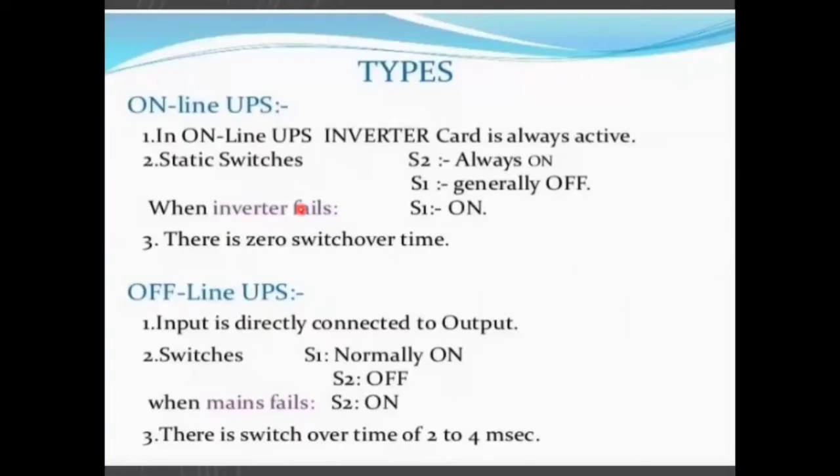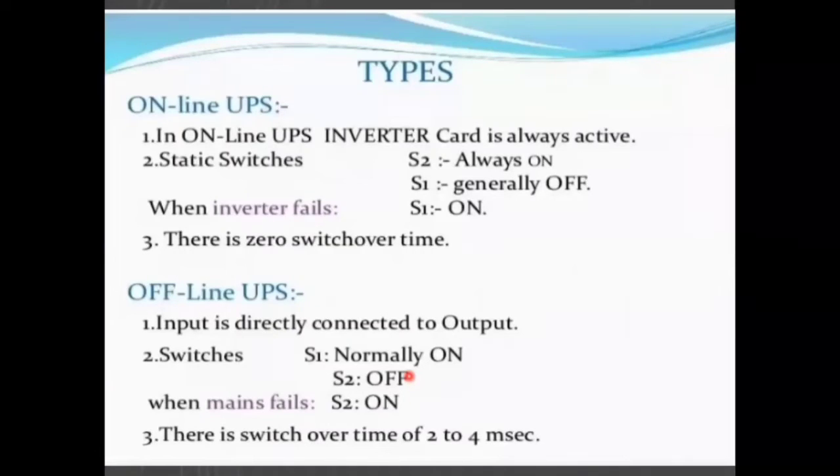But compared to online UPS, where S1 is generally off but S2 is always on, and S1 is on when the inverter fails, in offline UPS S1 is normally on, S2 is off. When the mains fails, static switch S2 is on.